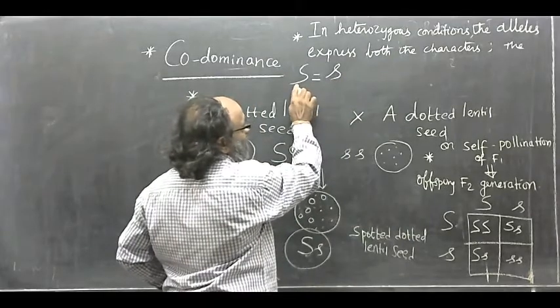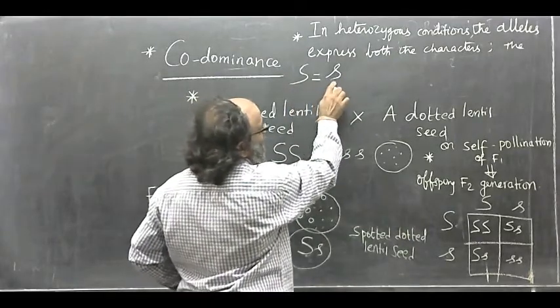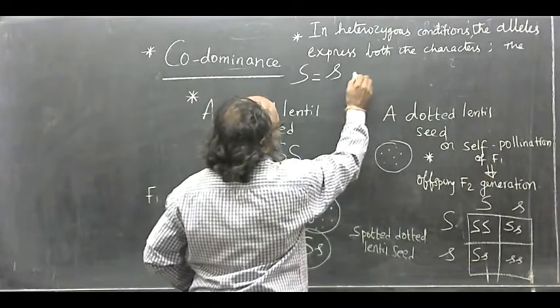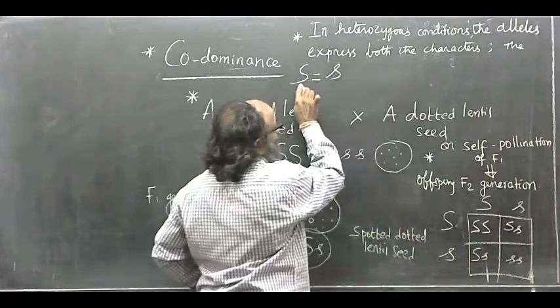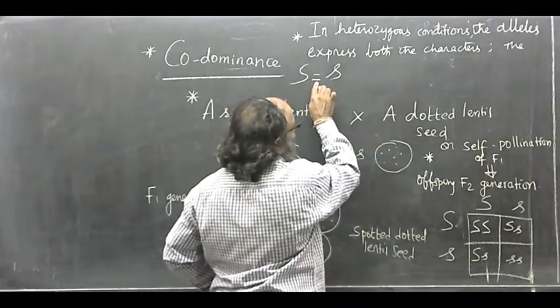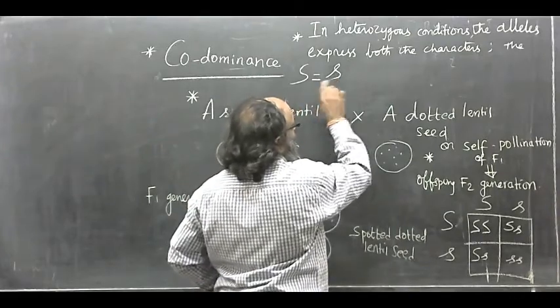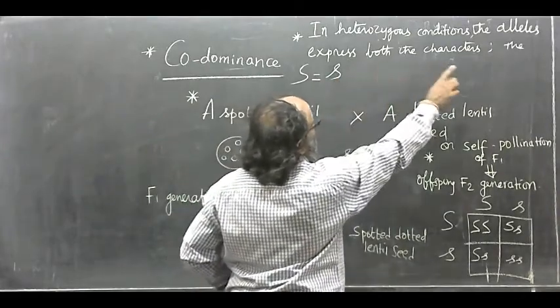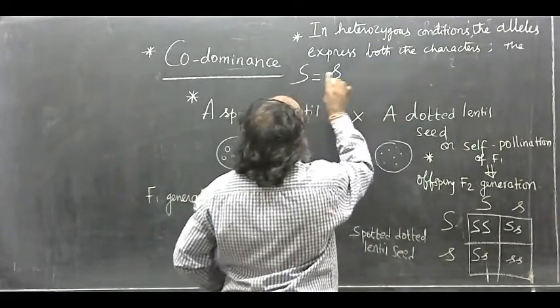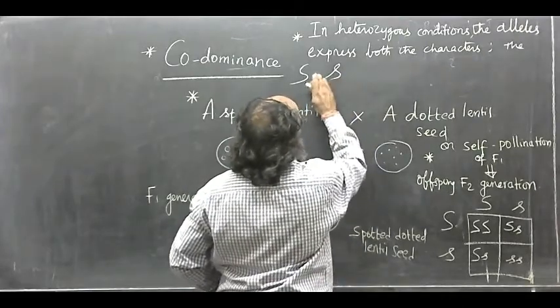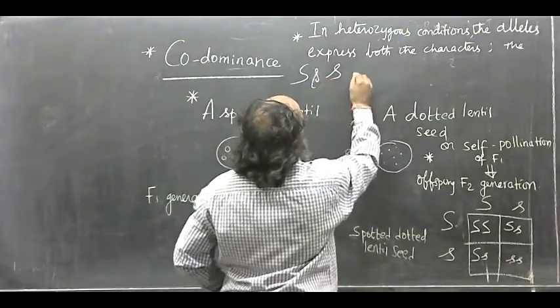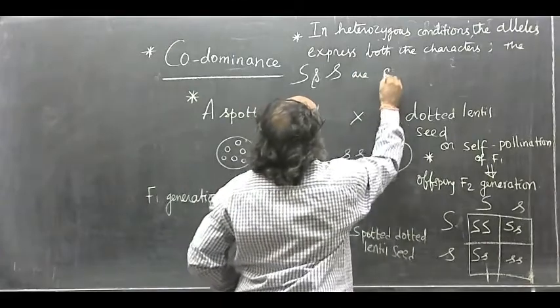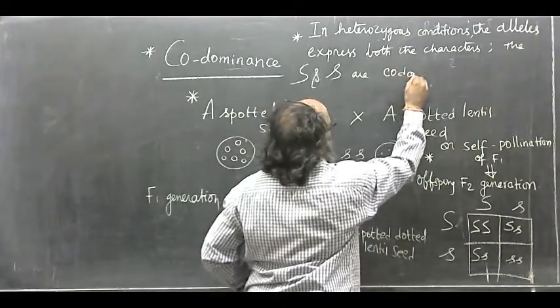That means capital S and small s are codominant. Therefore, the alleles capital S and small s are codominant.